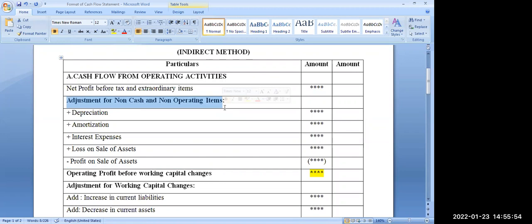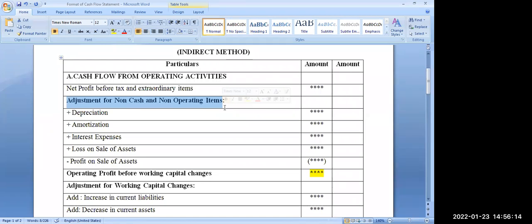We have to add those items which are minus from the profit while doing the P&L account, but it is not actually a cash item. Example is depreciation, amortization. That is not a cash item, but it was operating, but it is not actually cash.